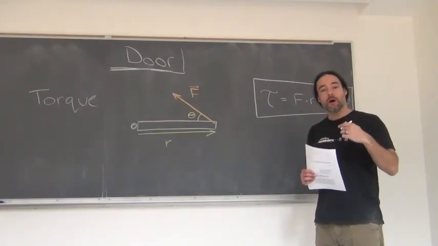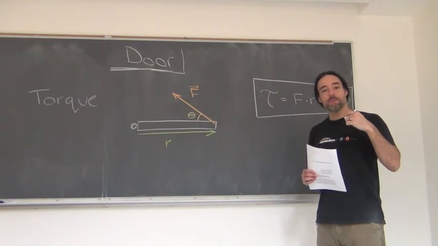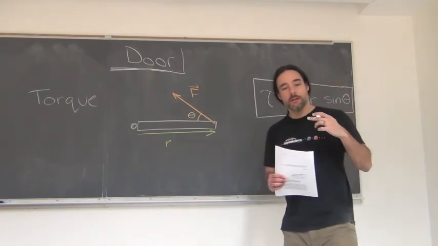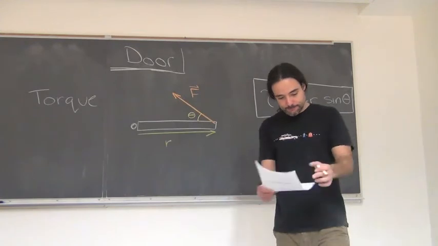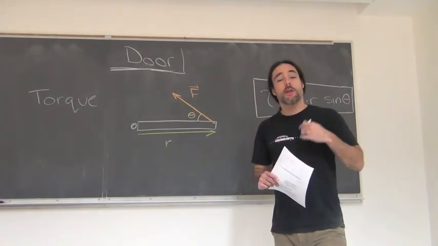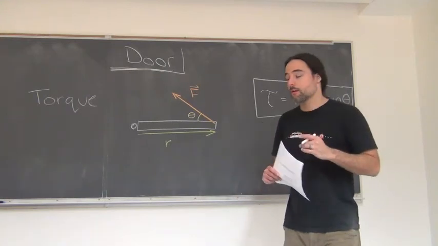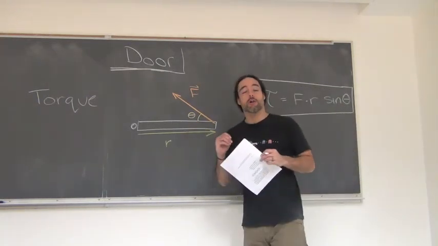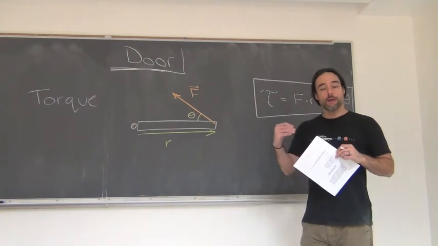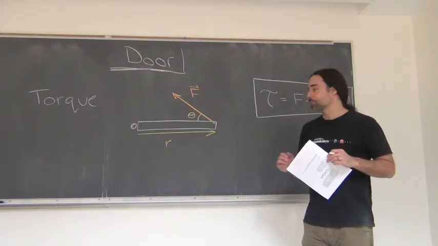Let's see how the applied force, the distance to the pivot, and the pushing angle all affect how an object is going to be rotated.